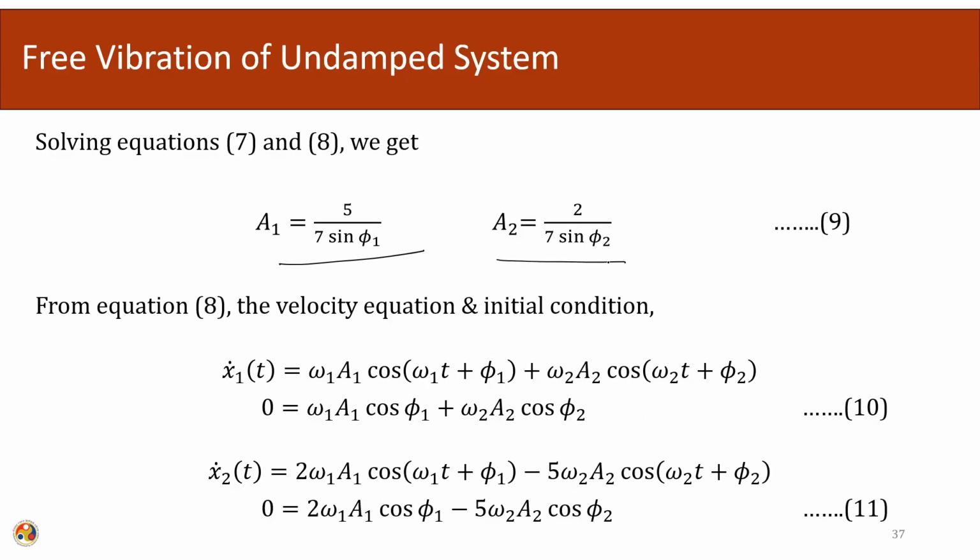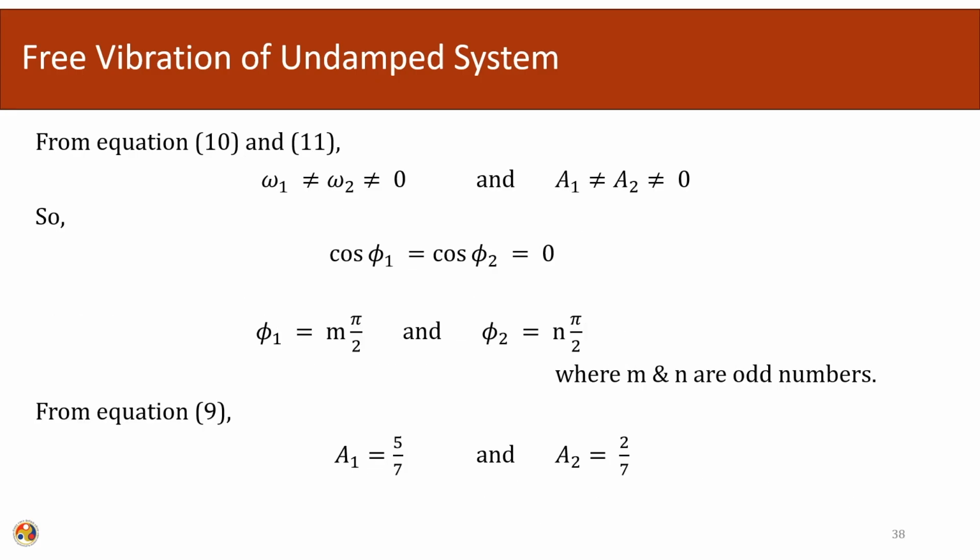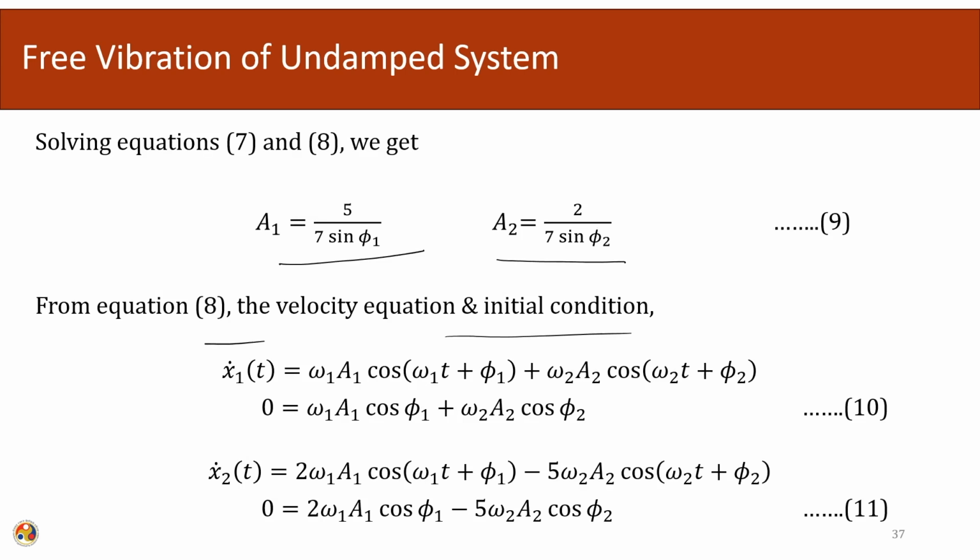After that, we do the same thing for the velocity part, and from the velocity part again we solve for the different components. Here two unknowns are there, A and phi, the amplitude component and the phase lag.